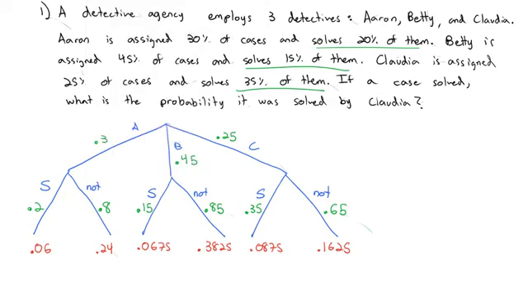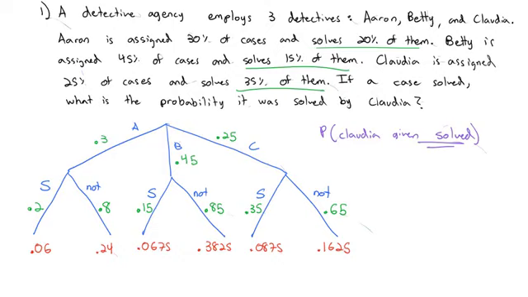Now we're ready to answer the question, since we've organized the information in our diagram. We want the probability that it was solved by Claudia, given it was solved at all. Starting with the given, because the given means we ignore everything else and we only look at the given stuff. We're given that it's solved.